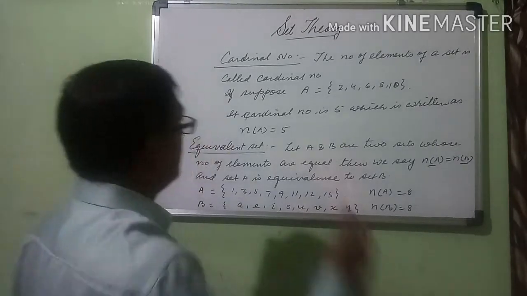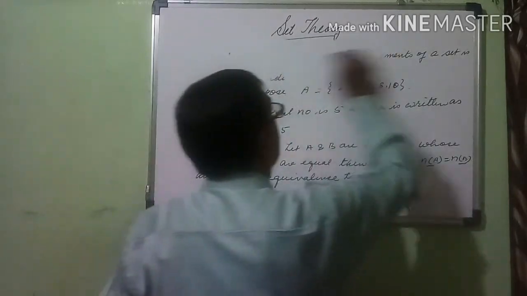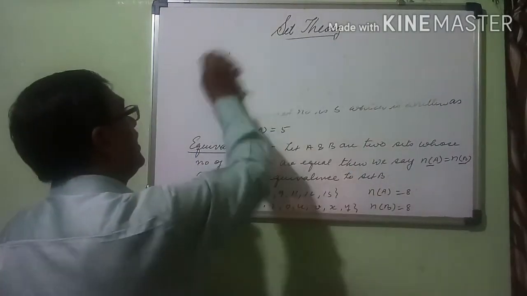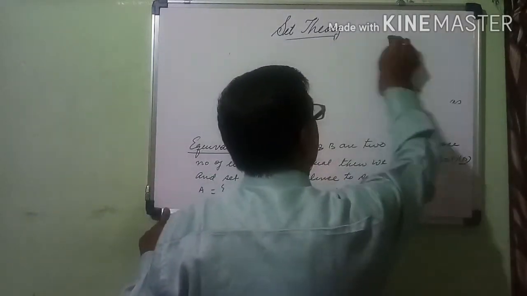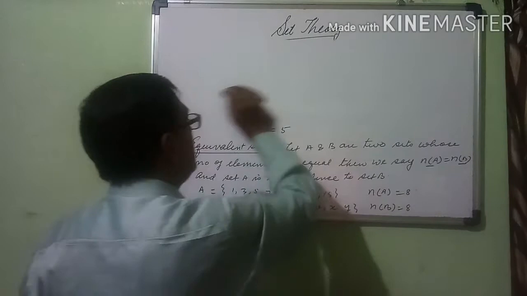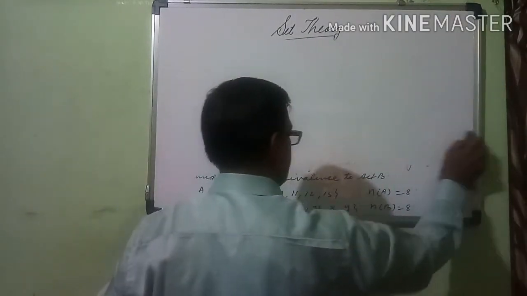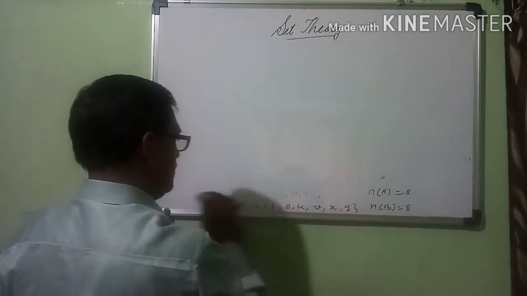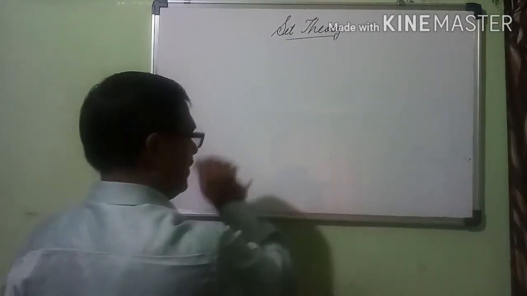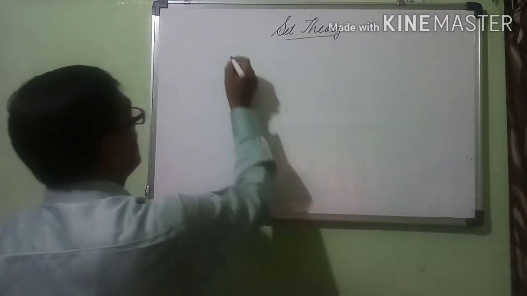But when every element of A is an element of B, then we say that it is an equal set. Equal set.